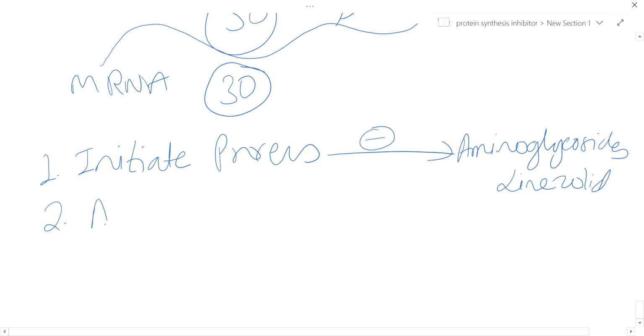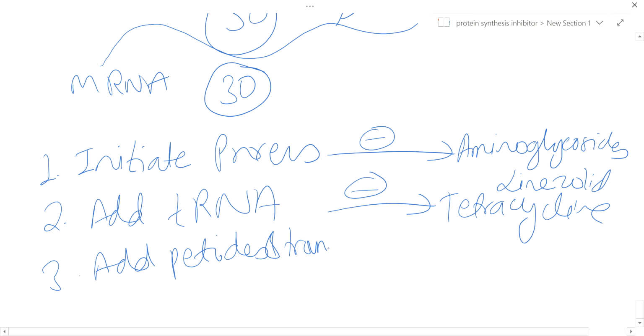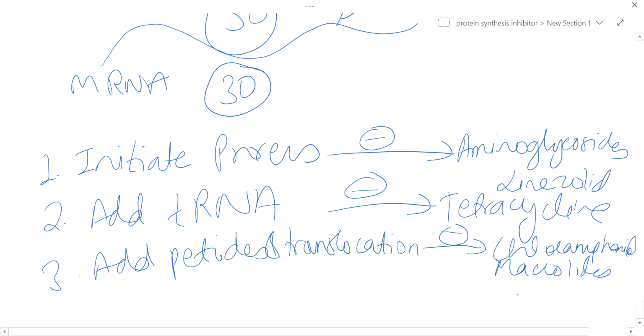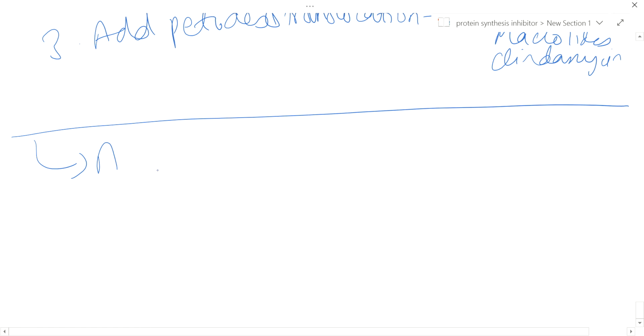The process of adding tRNA is inhibited by tetracycline. And the process of adding peptides and translocation is inhibited by chloramphenicol, macrolides, and clindamycin.